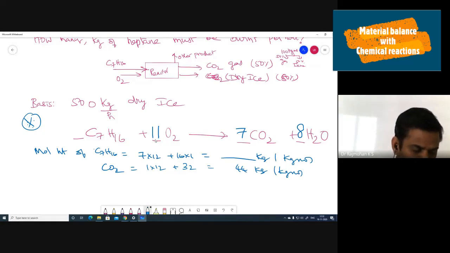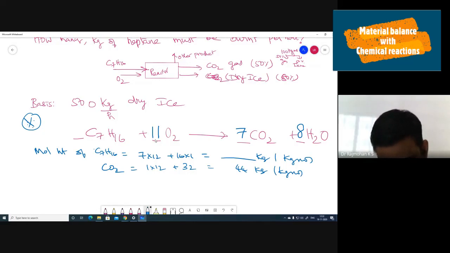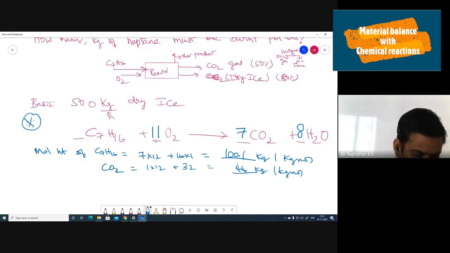What is the molecular weight of heptane? 100, sir. Okay, with one digit construction, we will get 100. So this we have.